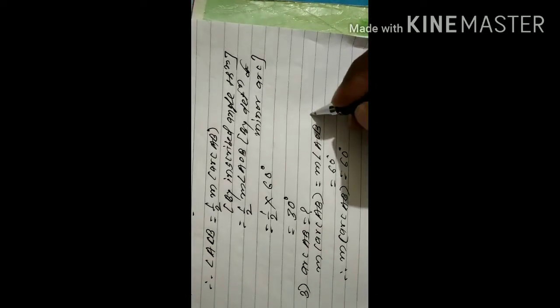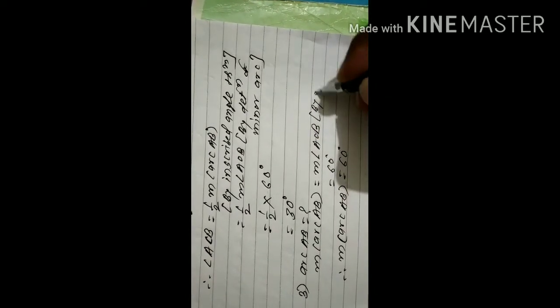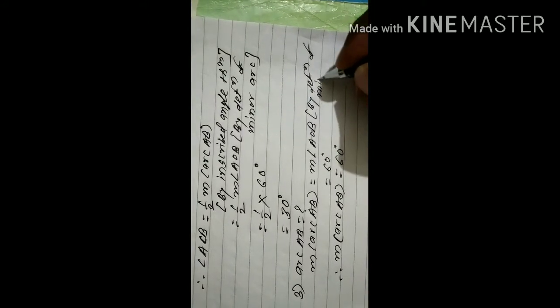Hence, measure of arc AB is equal to 60 degrees, by definition of minor arc.